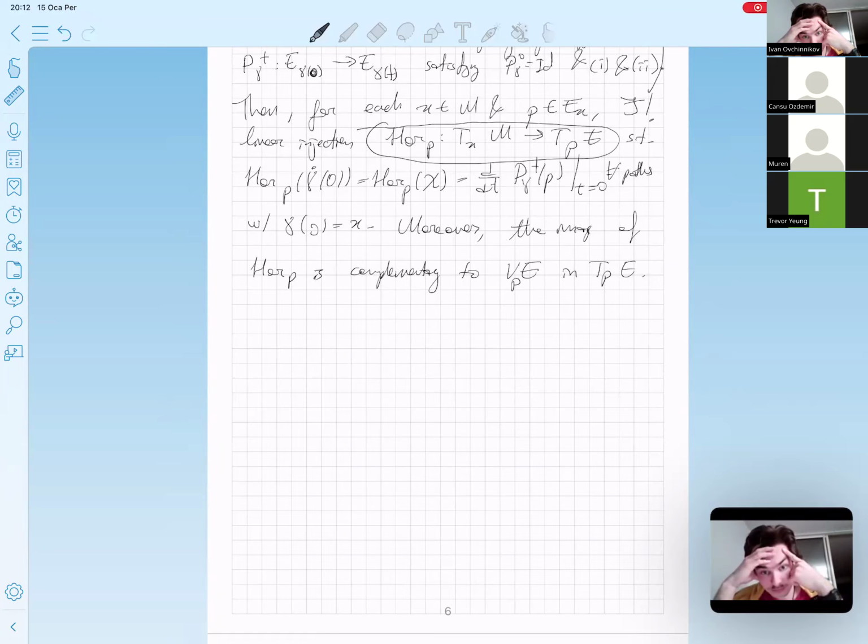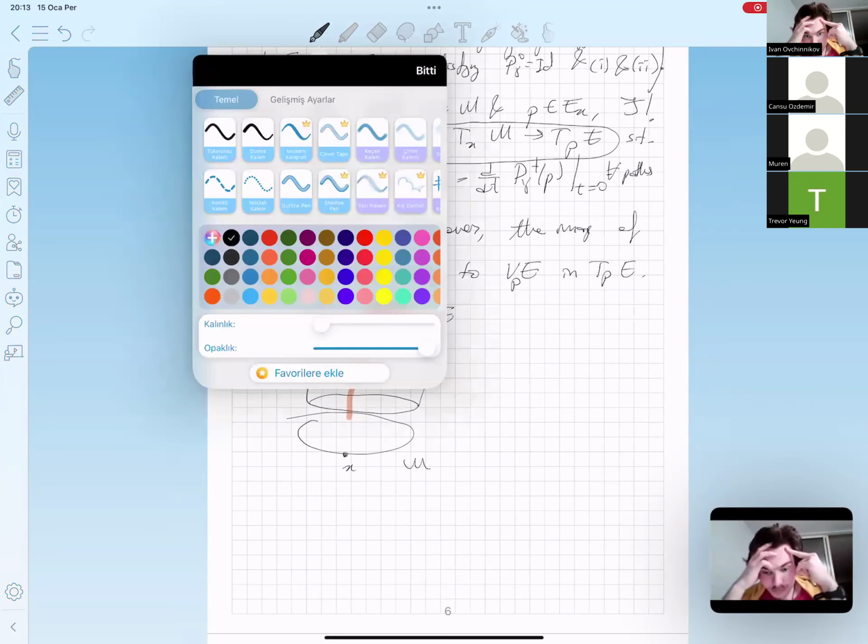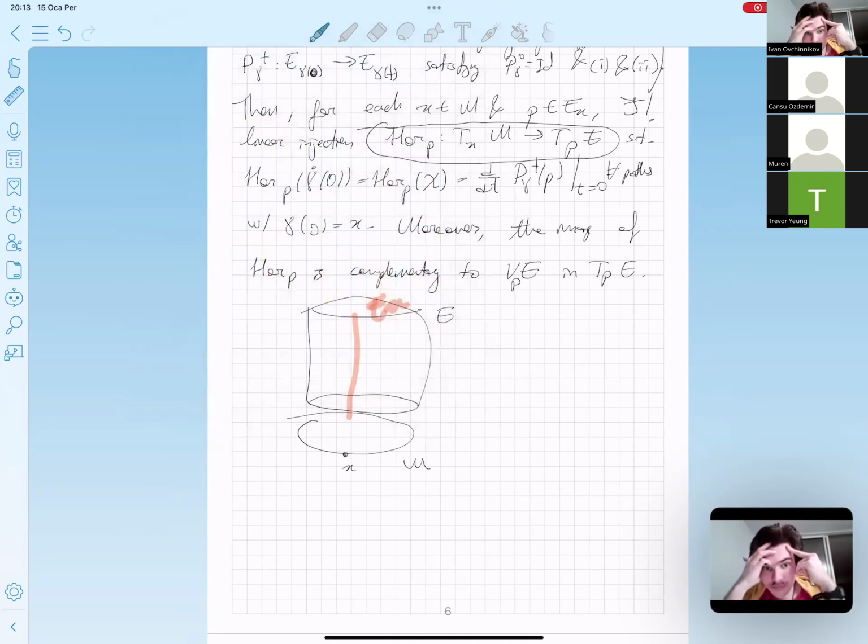So let's draw this. This is M. This is E. We have this X, and then we have this fiber over X, so this is E_X. And we choose a point here on this E_X.